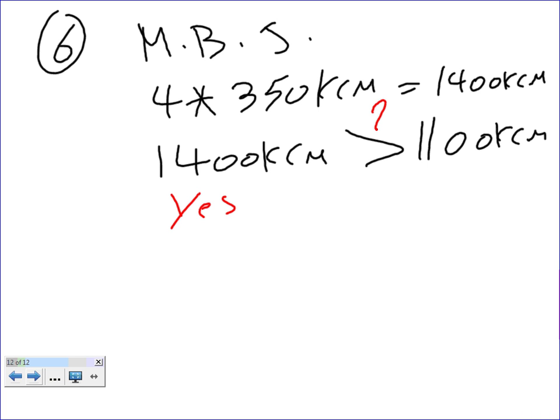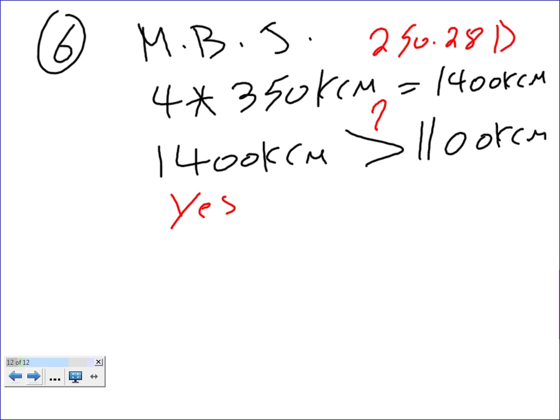By the way, all this is in 250.28(D). You guys don't believe me? So you take 4 times 350, 1400. Is 1400 more than 1100? Yes.